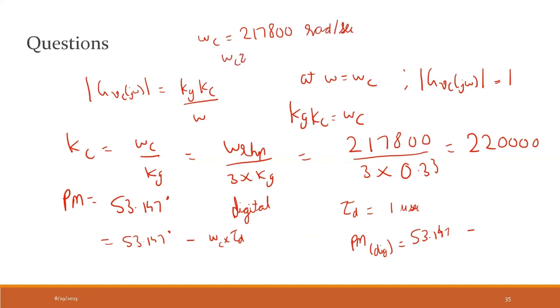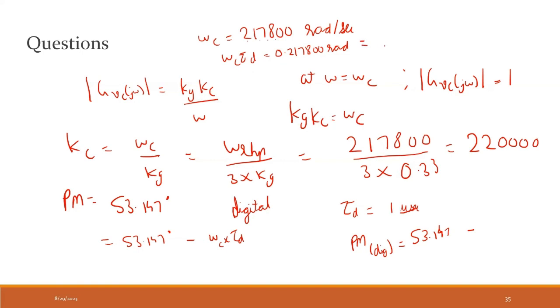When I do omega C into tau d, because this is 1 microsecond, I will get 0.2178 radians.